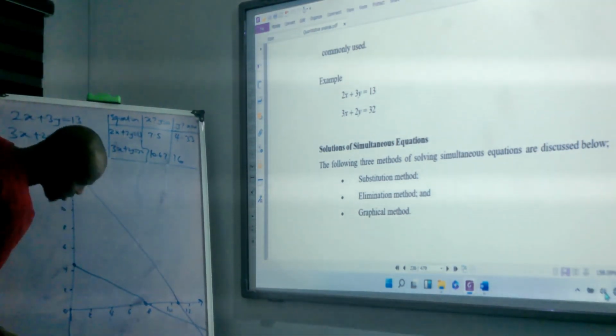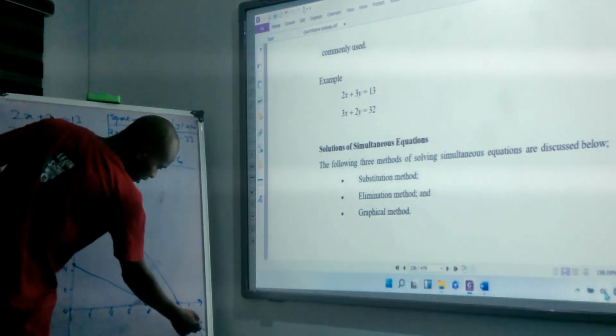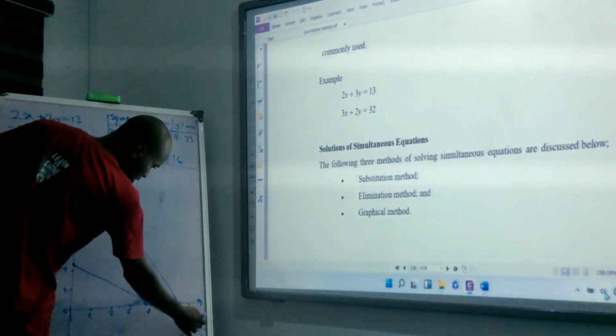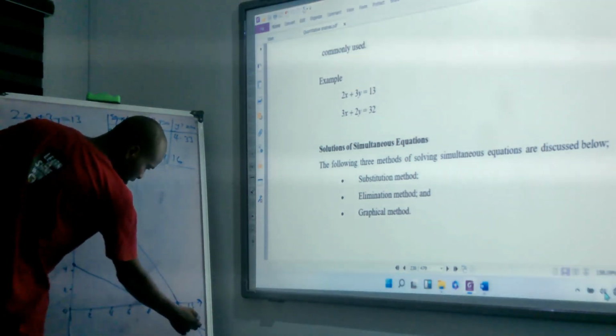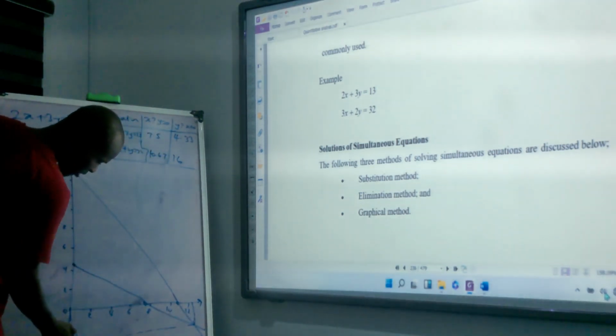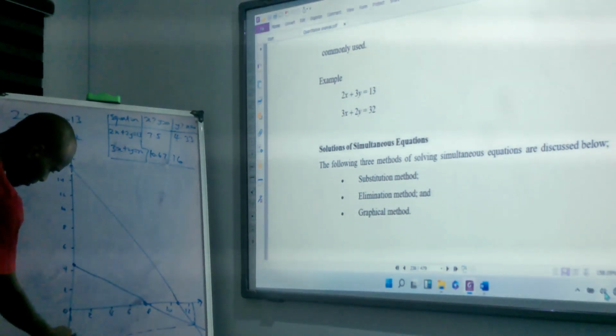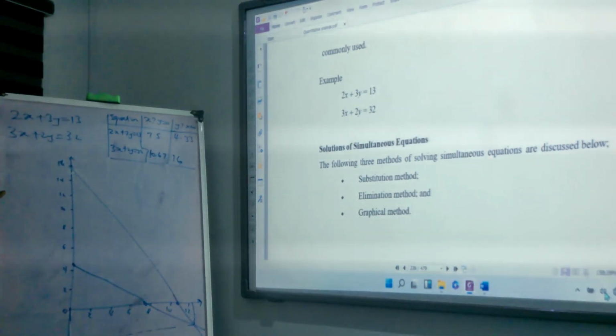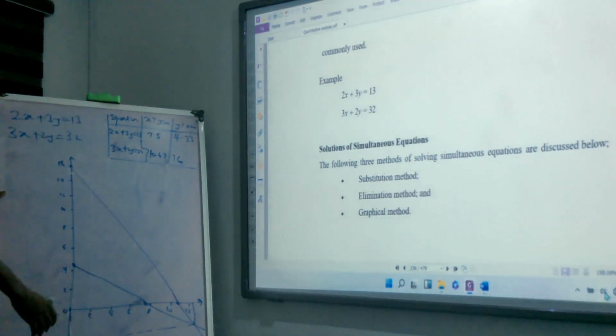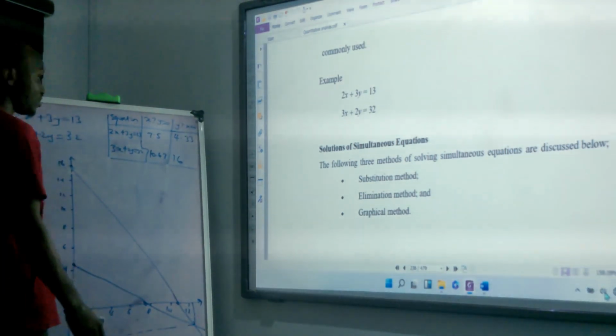So what it then is, you can say that they meet at around here, at the X value here, and at the Y value here. So if you look at it very well, Y is -5 here, and X is what? What do we obtain?